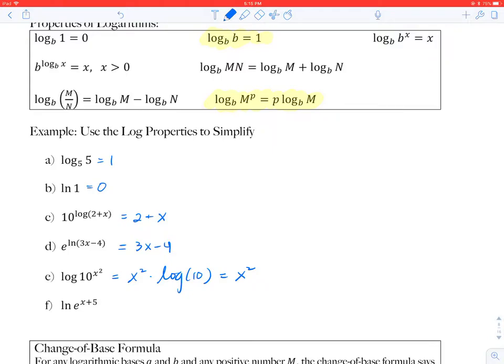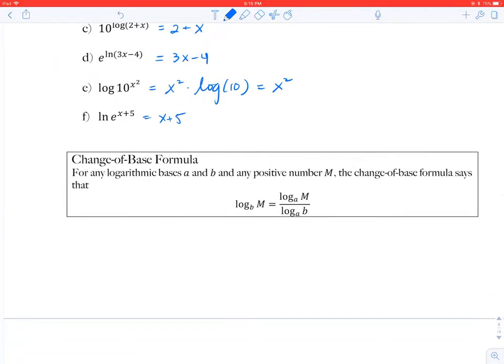So this is actually just x squared. Oh, that actually is a property. That's this property over here. But it can be thought of as using plog as well. Okay, so then this would just be x plus 5, according to the property.